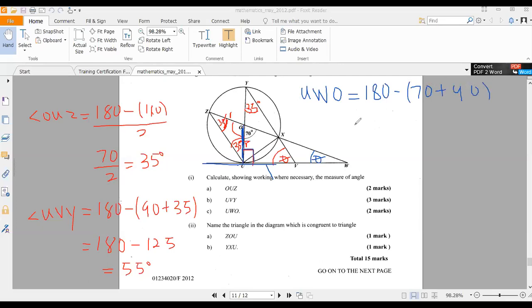So this will give me 180 degrees minus 160. So what do we get? 20 degrees.